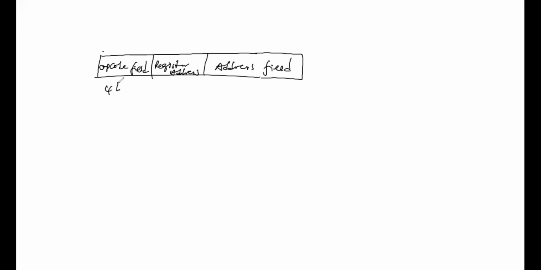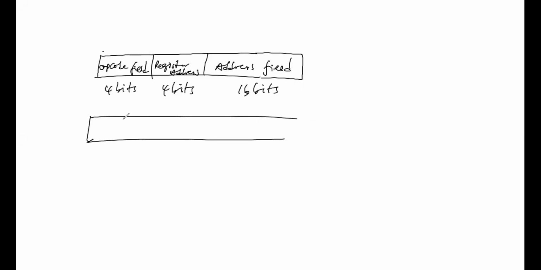So this is 4 bits, then 16 bits. So we can have a form like this, say 0111, 0100, for instance.